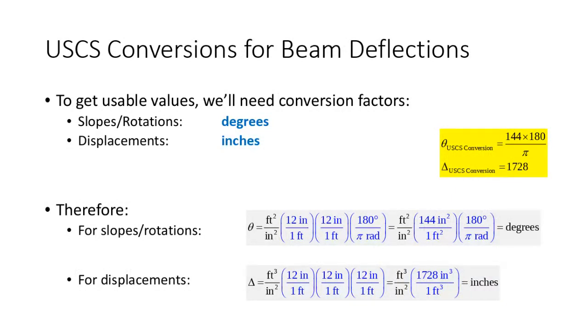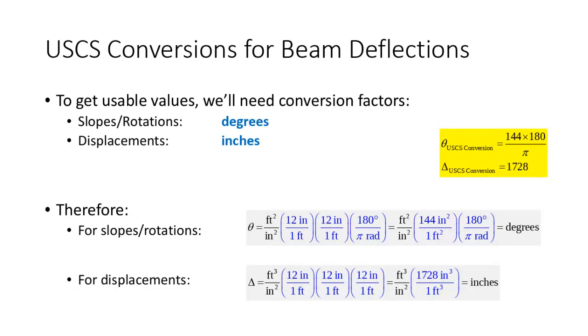Displacements, probably inches. Slopes and rotations, I could do radians, but honestly, I've always found that degrees is a little more usable. So let's take displacements first. I got foot cubed over inches squared. So I need to convert each of those feet into inches, so 12 inches per foot, but I have to do it 3 times.